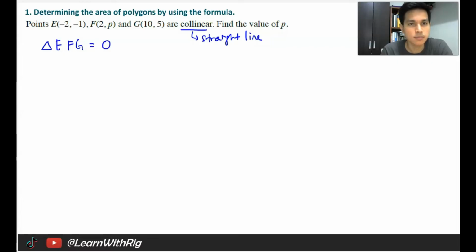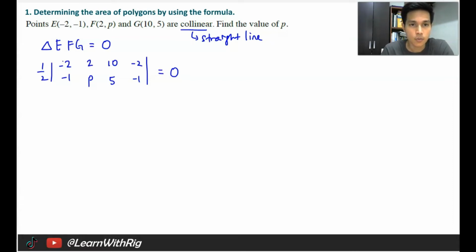So we're going to do the same thing and make the equation equal to 0. So 1 over 2 times E, F is what? E is negative 2, negative 1. F is 2p, 5, and then repeat negative 2, negative 1, equals 0. Make sure you put equals 0 because it's a straight line, so there is no area.